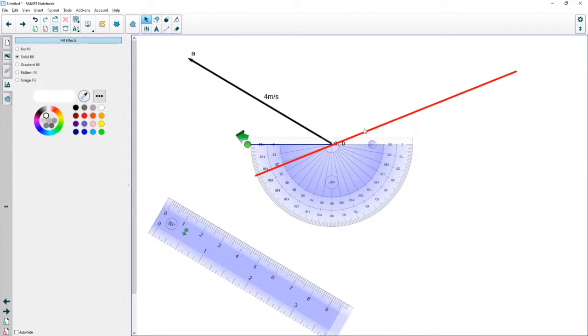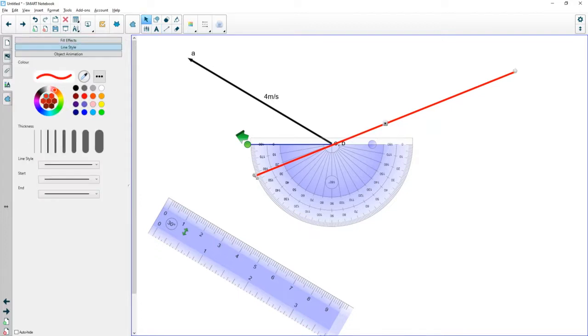I know I'm going to want that line slightly longer, so let's make sure I keep that 21 degrees, but I'm going to make the line as long as I possibly can. Finally, don't move that line.